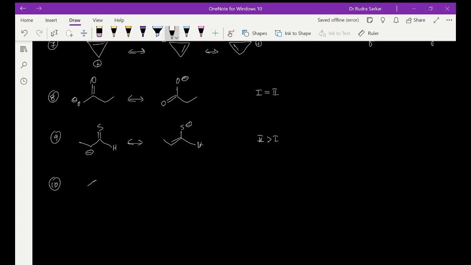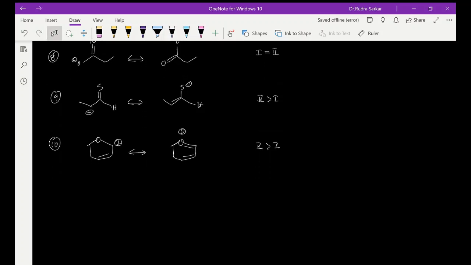In number 10, two is more stable than 1 because all the atoms in 2 are having octet.